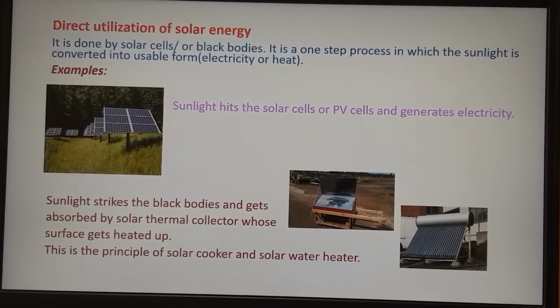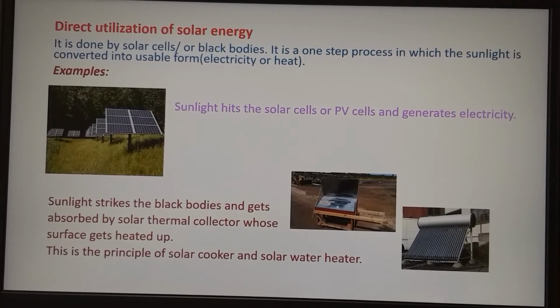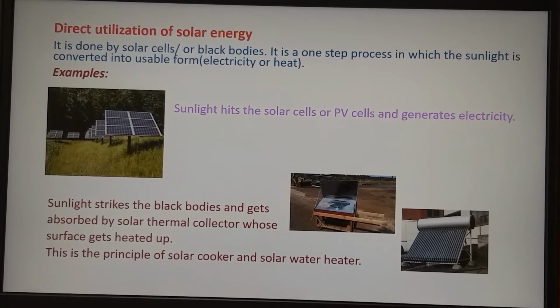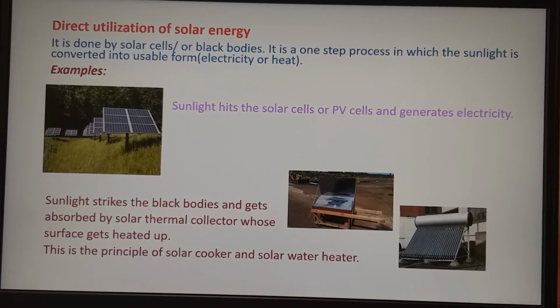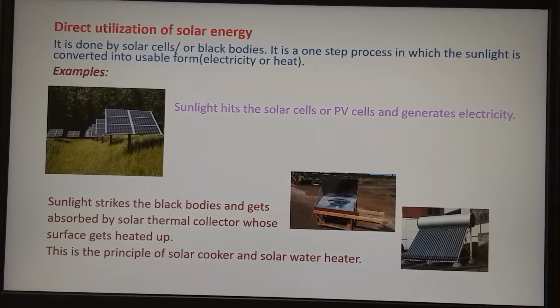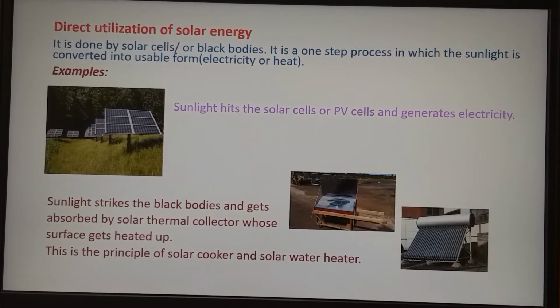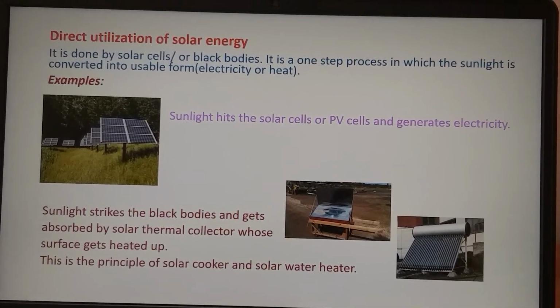The black bodies absorb the solar energy, and the collector on which this is absorbed gets heated up, and whatever is kept inside the box of the collector either is cooked or it becomes very hot.